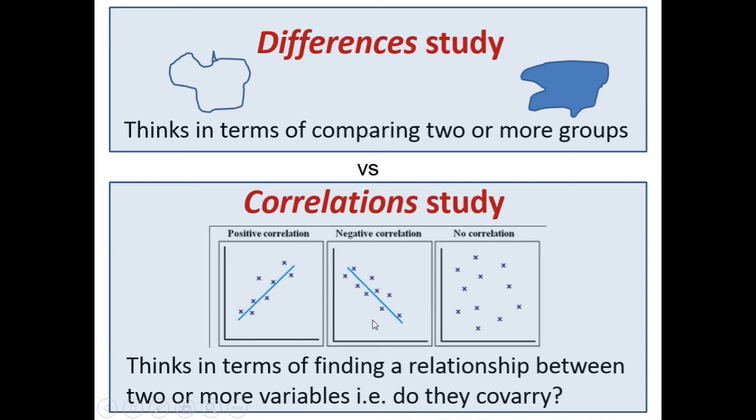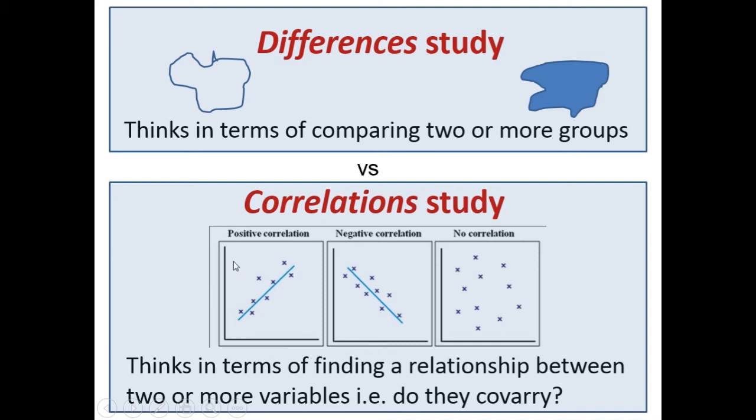The other kind of study is more about the relationship between various variables of the same sample. You are trying to find out whether different characteristics of the sample have any relationship with each other.